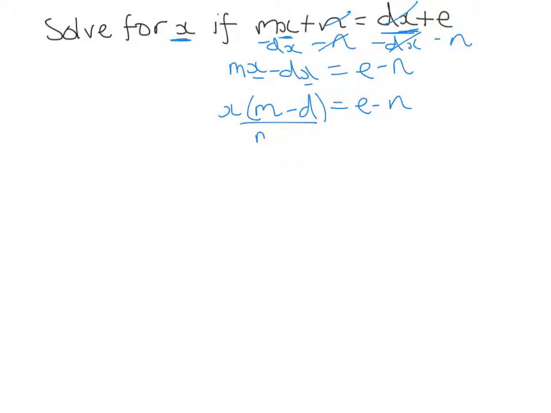Now what I'll do is I'll divide by m minus d on both sides, so that cancels out and that cancels out, and that leaves x on its own. So I get x is equal to e minus n over m minus d, and that's the final answer to this. Alrighty, let's try one more, which is a bit more tricky.